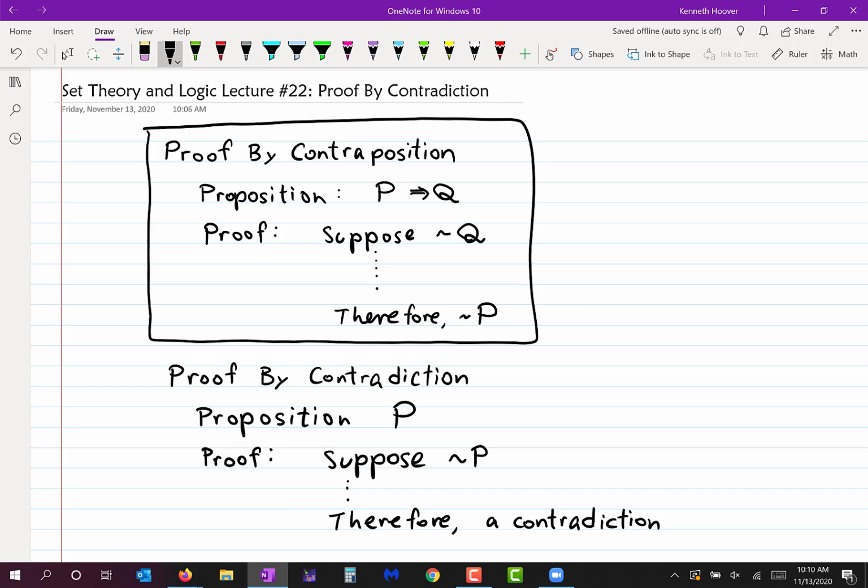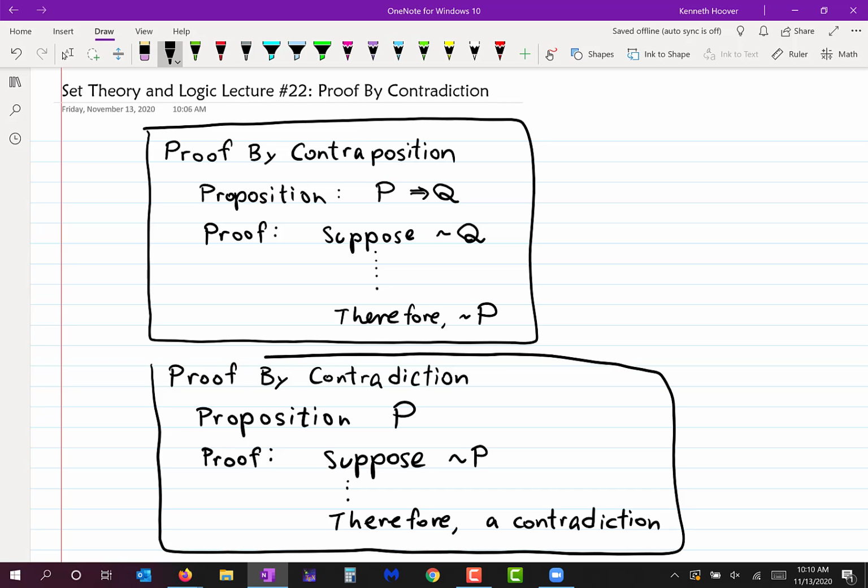In fact, a proof by contraposition is actually a special type of proof by contradiction. Because what you're doing in a proof by contraposition, it depends on how you word it, but you can word it this way.